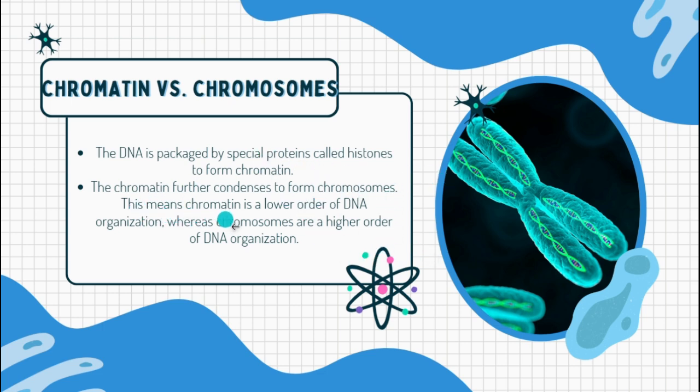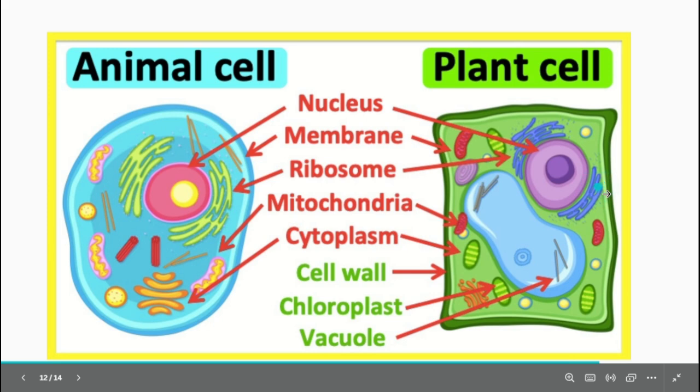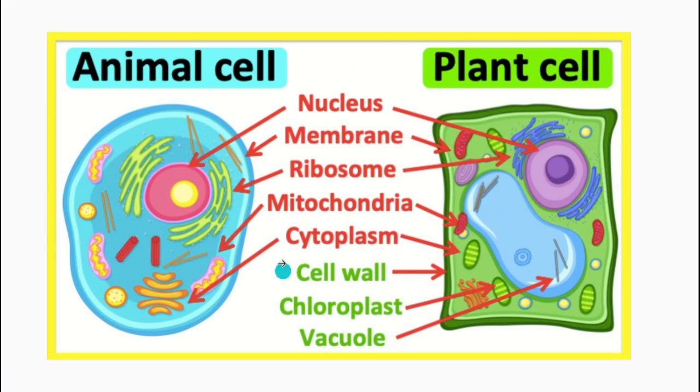So this means that chromatin is a lower order of DNA organization, whereas chromosomes are a higher order of DNA organization. That's the main difference between the two. And this is a summary diagram of the animal cell versus the plant cell again.